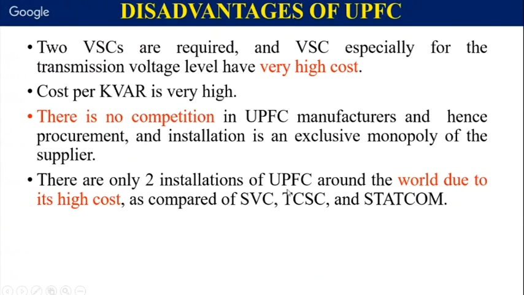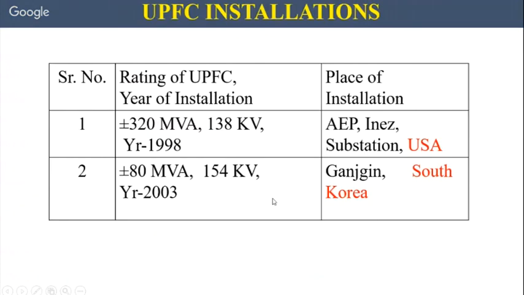There are only two installations of UPFC around the world due to its high cost. One is in the USA, that is Inez, and the other is in Gangjin in South Korea. This was installed in 1998, and in South Korea it was installed in 2003. Ratings are also not very high.